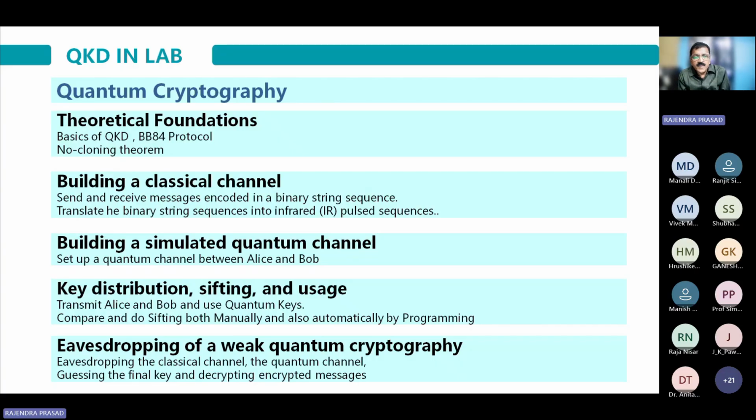Now, we introduce a third person to understand if there is a hacker or interrupter or eavesdropper. We have another channel, the eavesdropping channel, which comes in between. He will try to understand what kind of phase he can do, say 0 and 1, horizontal, vertical.